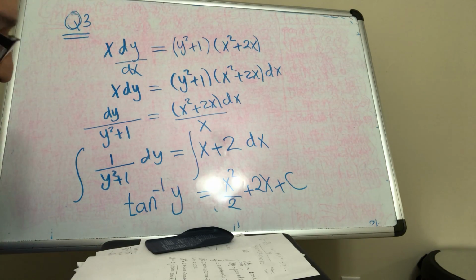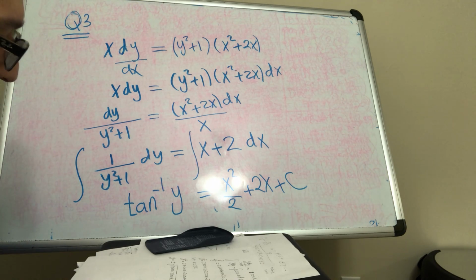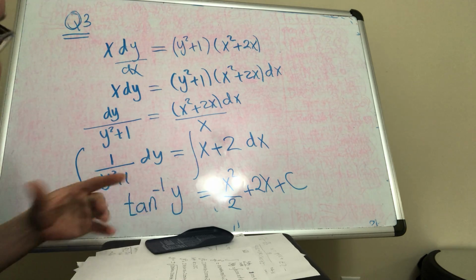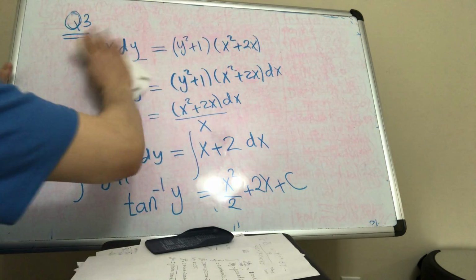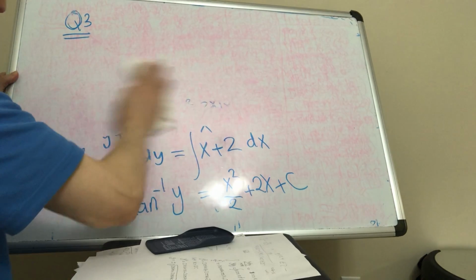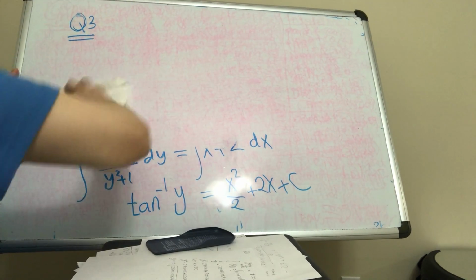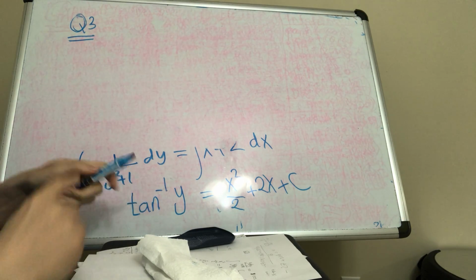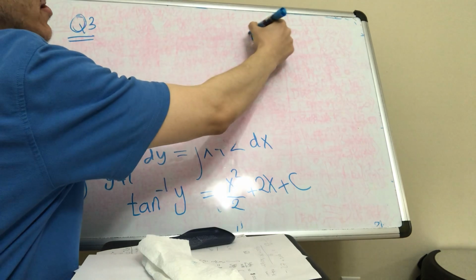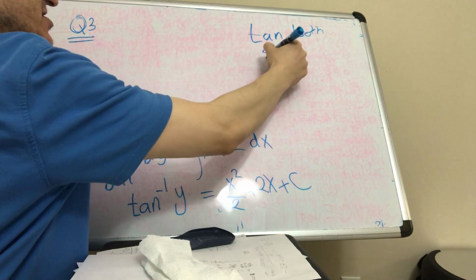So we got to this point, but remember, the idea of finding a solution is to see if you can isolate the y, have y by itself. To do this, to cancel this tan inverse, I'm going to tan both sides of the equation.